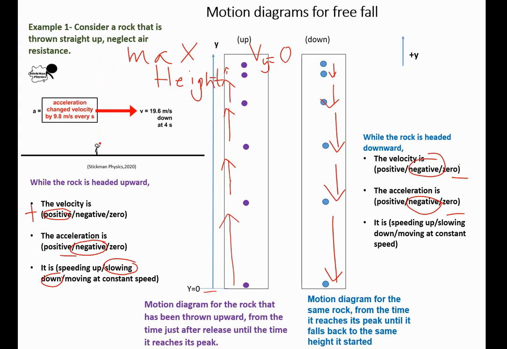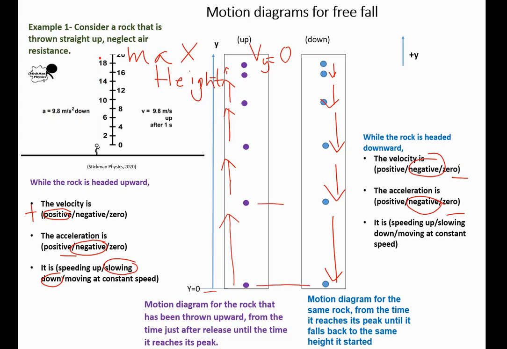Just a side note, if you look at the same height level in the two motion diagrams, the object has the same magnitude for its velocity.